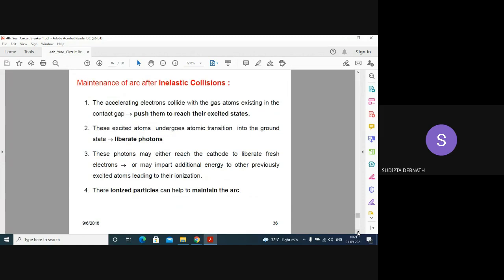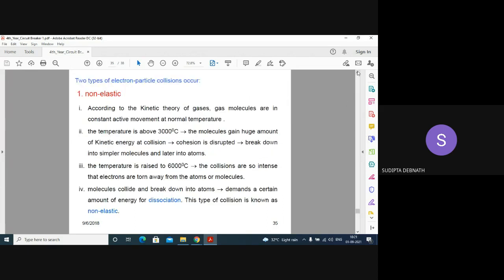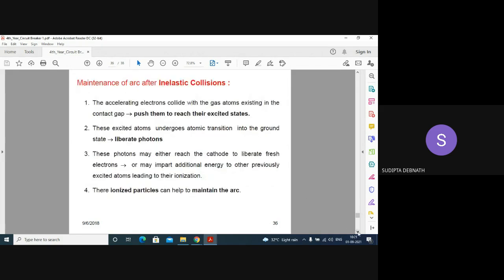Now, maintenance of the arc after its initial occurrence, that is non-elastic collision, it occurs in this way. The accelerating electrons collide with the gas atoms existing in the contact gap and push them to reach their excited states. These excited atoms undergo atomic transition into the ground state.